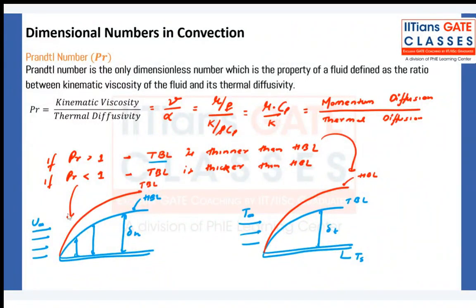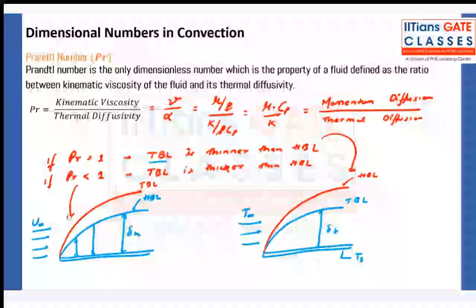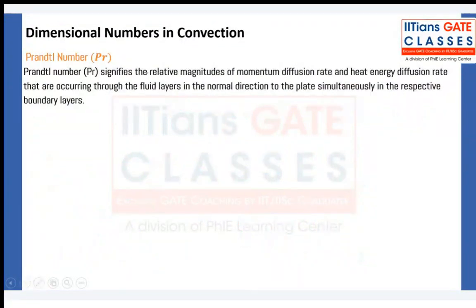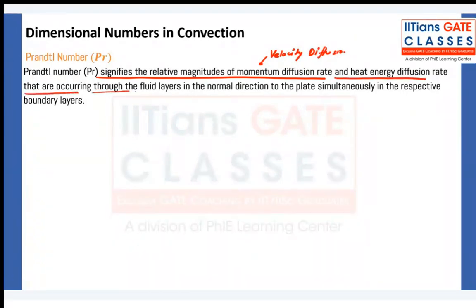It basically tells you which phenomenon is dominating, whether velocity is diffused to a larger thickness, or heat is diffused to a larger thickness. It signifies the relative magnitude of momentum diffusion, or velocity diffusion, and heat energy diffusion rate occurring through the fluid layers in the normal direction, meaning the y direction to the plate, simultaneously in the respective boundary layers.